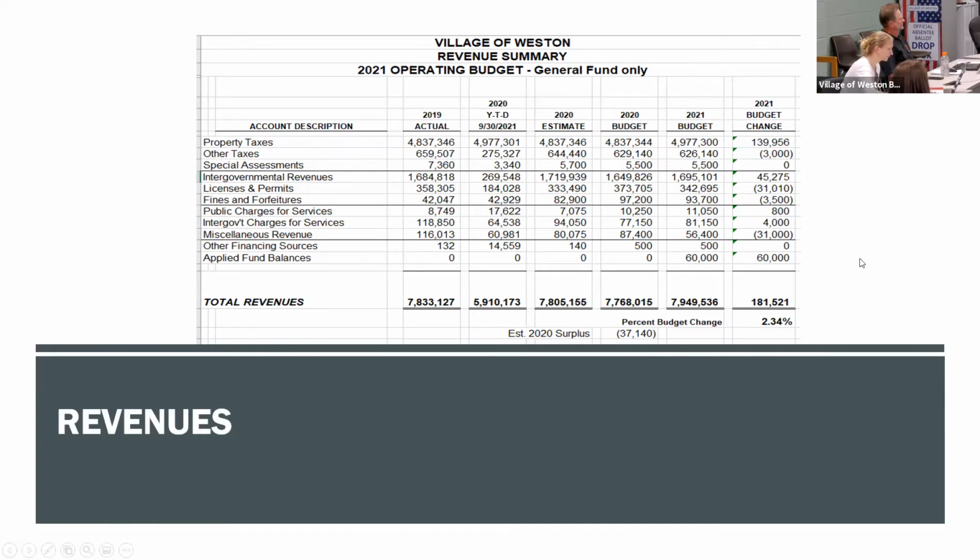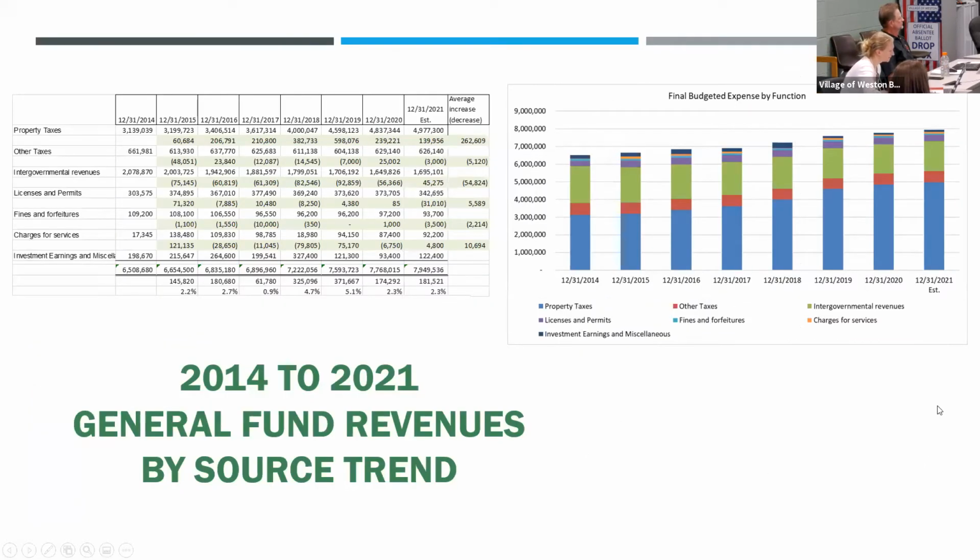Moving on, this is a trend for the revenue sources that we just went through. As you can see, the majority of them have an average decrease, except for property taxes.